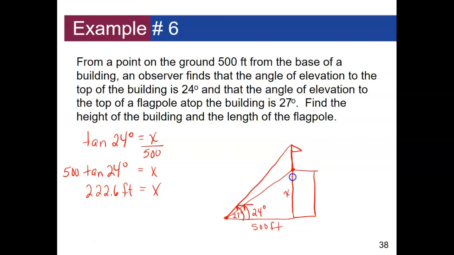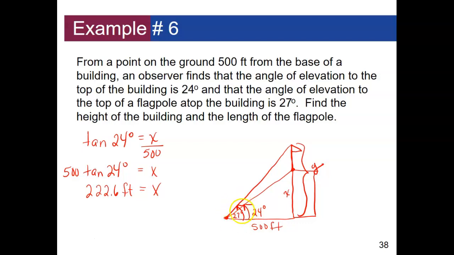Okay, so that's the height of the building. Now I need to find the height of the building and the length of the flagpole, so I've got to find them each one. What I'm going to do is let Y represent this height here, and 27 is the angle of elevation for this one.